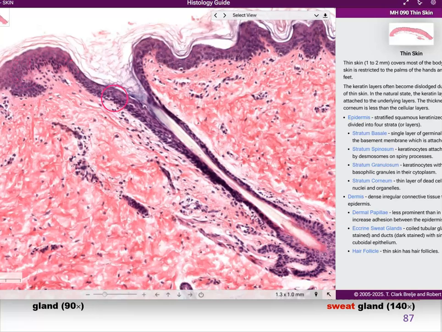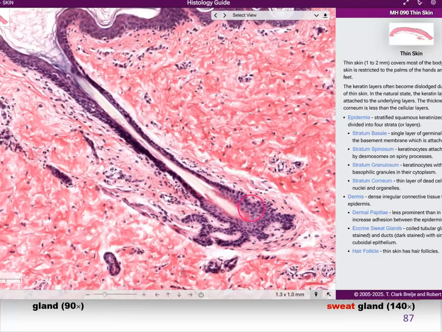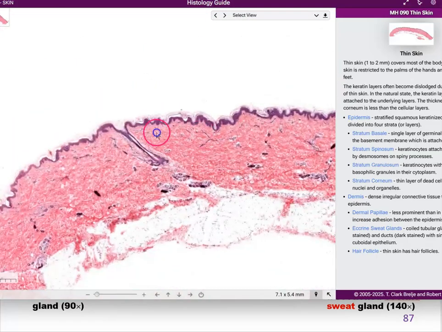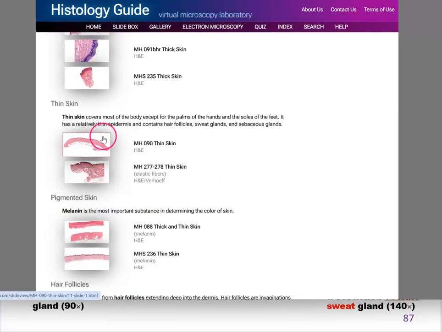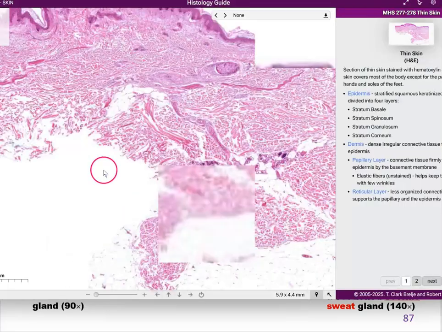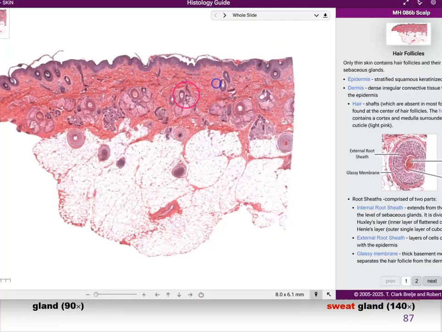So epidermis, here we go. Deep, deep, deep, deep, deep. And then there's a whole structure for making hair. And then here we go. Epidermis. That's boring thin skin. Okay, so that was boring thin skin.